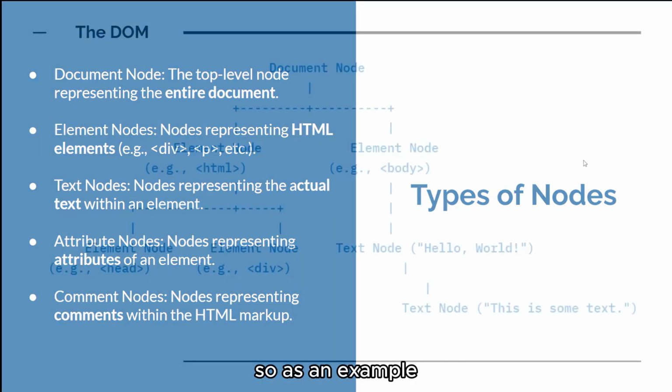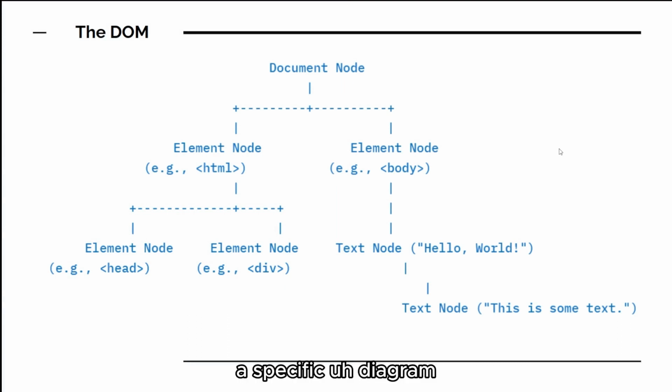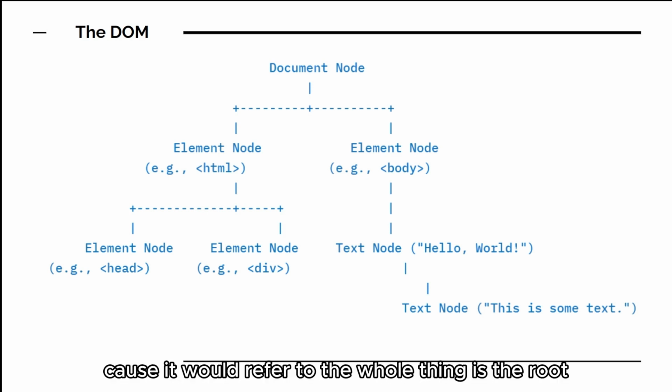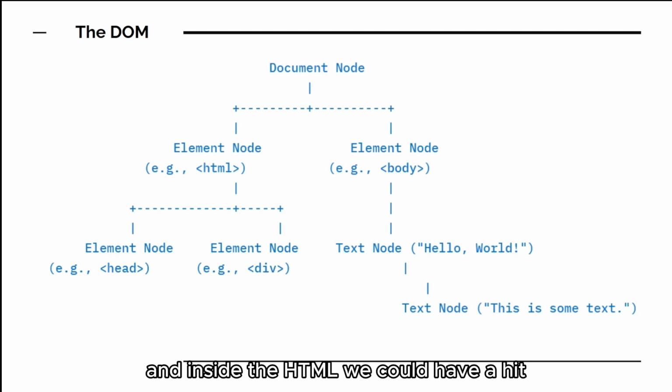As an example, this is what it would look like if we were to put it in a diagram. At the topmost would be the document, because it refers to the whole thing. It's the root of this tree. Under that document, we're going to have specific elements like HTML and the body. Inside the HTML, we could have a head or maybe a div.